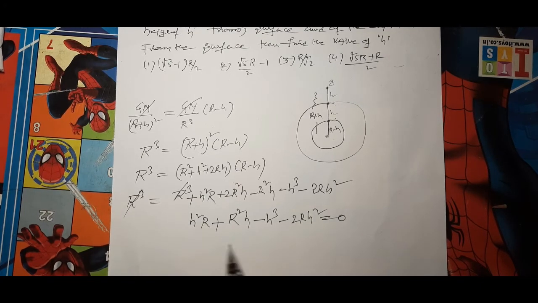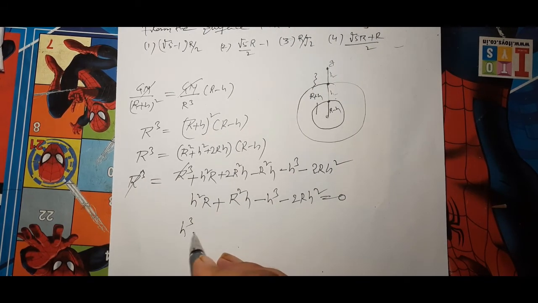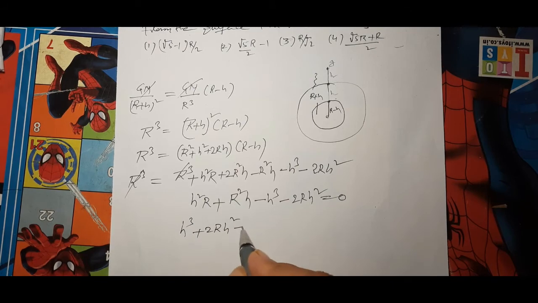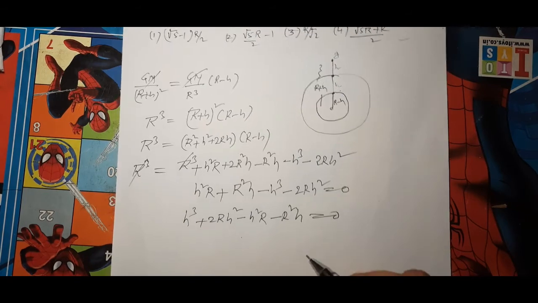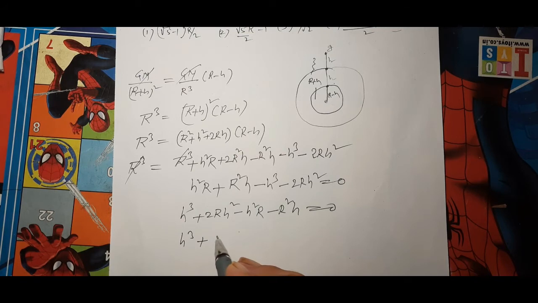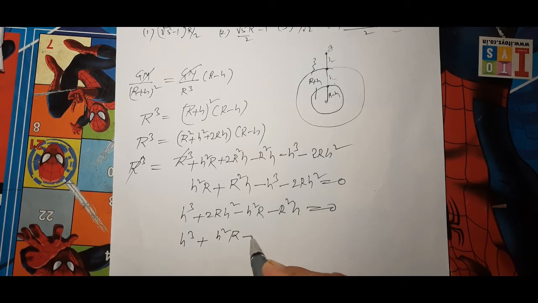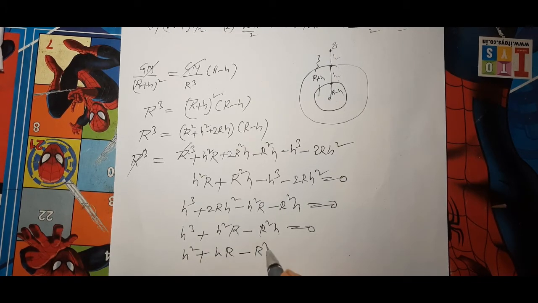Bring all terms to this side. That is equal to h cube plus 2rh square minus h square r minus r square h is equal to 0. h cube plus h square r minus r square h is equal to 0. Take h common: h square plus hr minus r square is equal to 0.